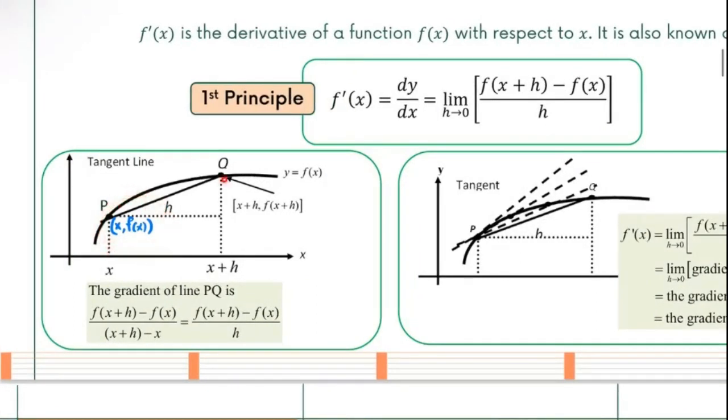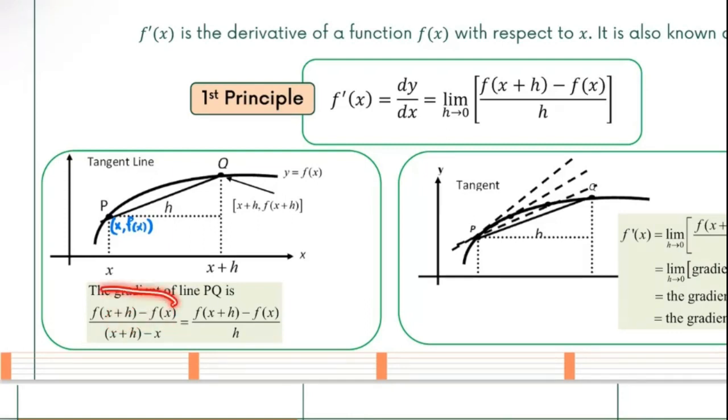Okay, so tadi ini adalah point kita adalah x plus h dan juga f kepada x plus h. Okay, so the gradient kita akan cari dengan cara fx plus h, y tolak dengan y2 tolak y1 divided by x2 tolak x1. If you still remember lah, atasnya adalah y2 minus y1 over x2 minus x1.